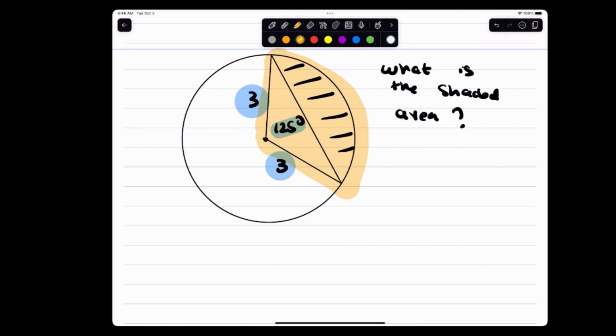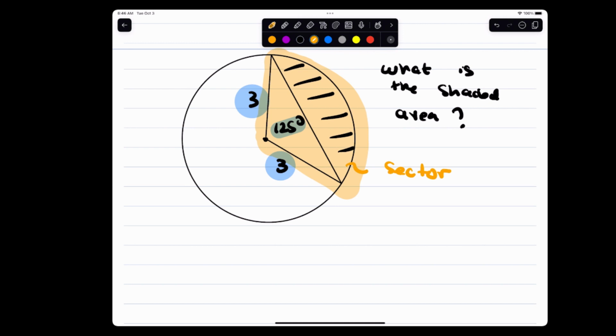What's the orange region known as? Well, that's area, but what kind of shape is that? This is a what? In orange, isn't that a sector? The orange portion?